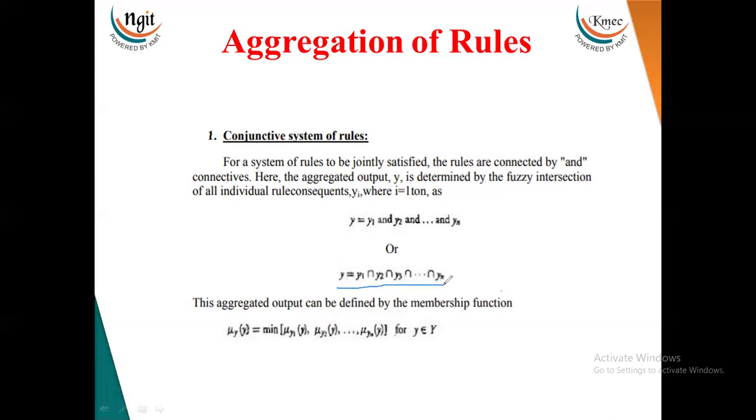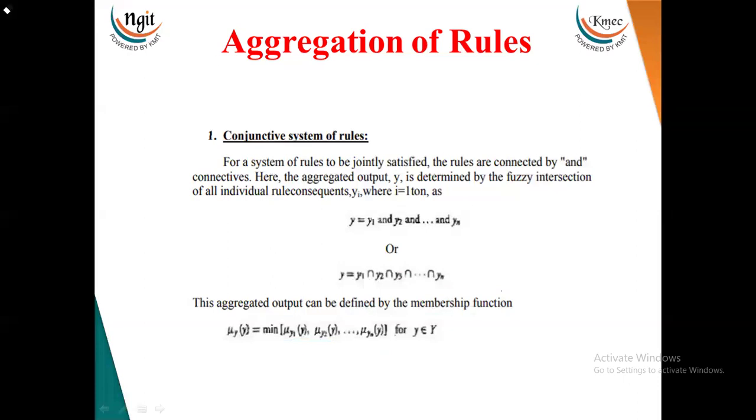So again for conjunctive, you'll go for the intersection part, again using the minimum. There you do the decomposition; coming to the aggregation, you combine all those things. So this is your conjunctive system of rules.